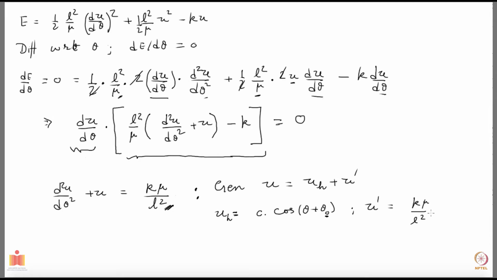If you take this thing and put in your equation, this d2u over d theta square will immediately vanish because u prime is just a constant, and then clearly your u prime is just k mu over L square. Okay, so that's correct. So our general solution u is c some constant plus k mu over L square.